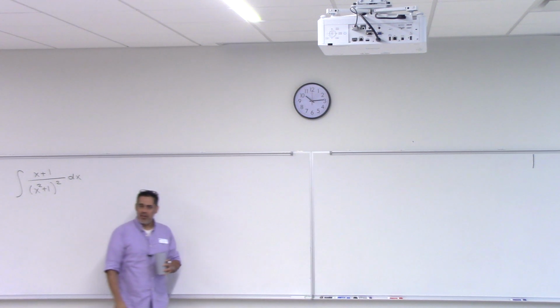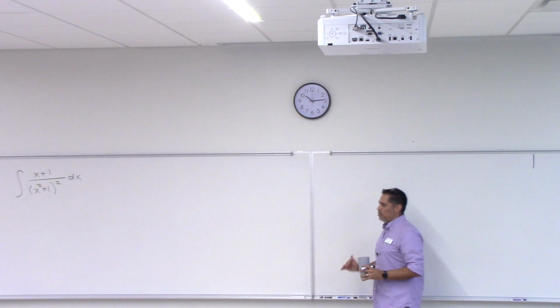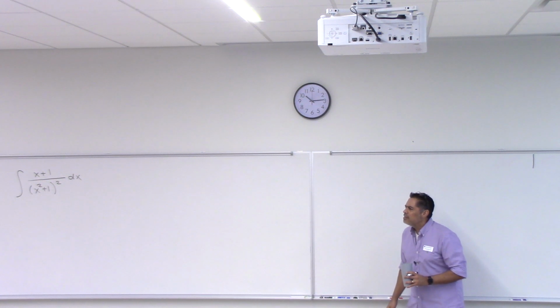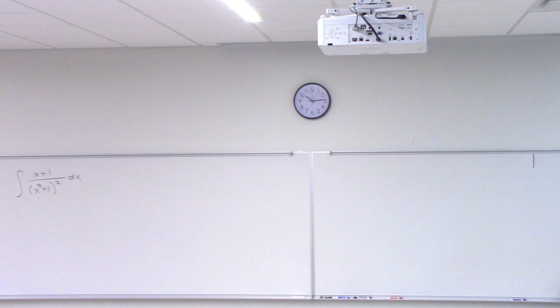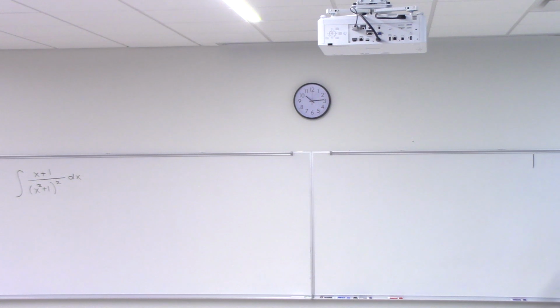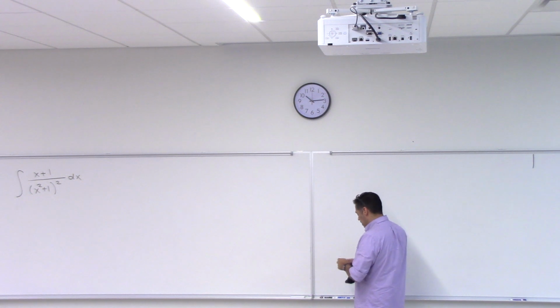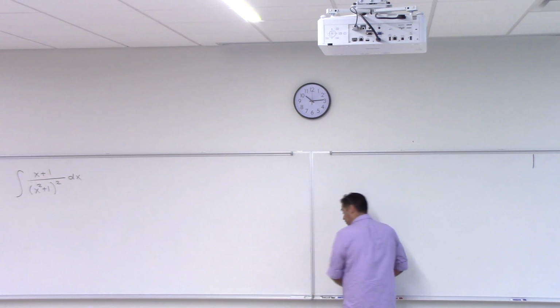You have a linear expression on top, and you have a repeated, irreducible quadratic on the bottom. I'm going to ask you, anybody have any instinct, intuition as to what you want to do?